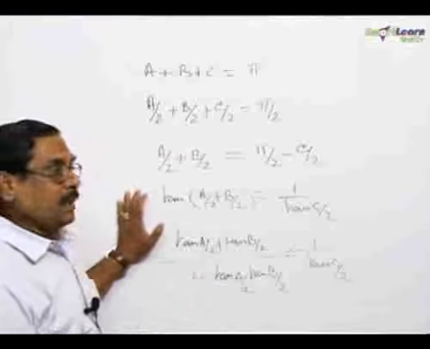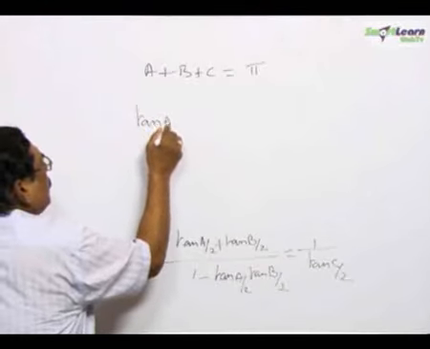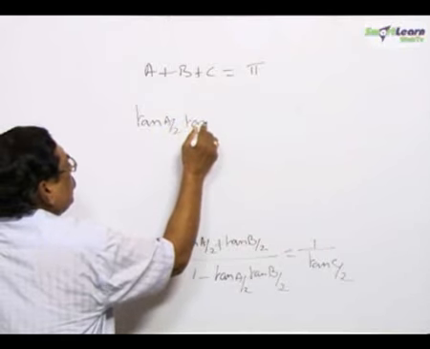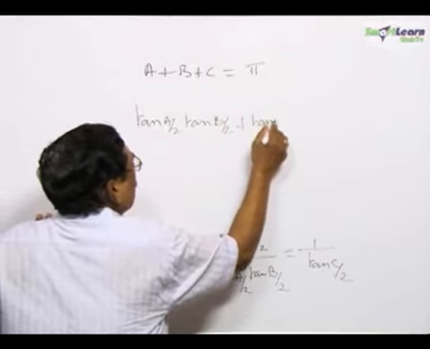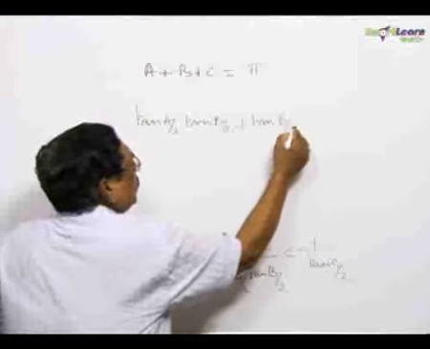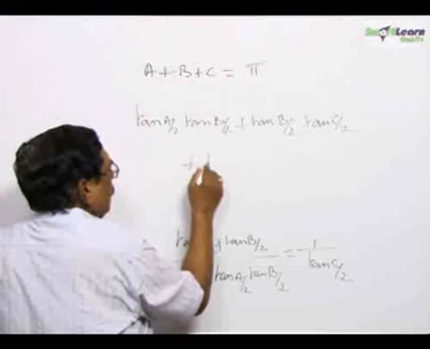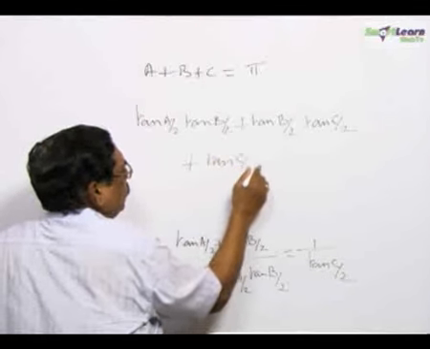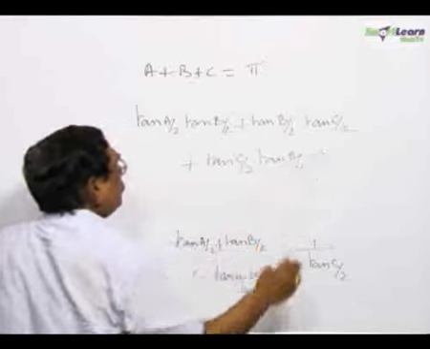As usual, I cross multiply and get the result as tan A by 2 into tan B by 2 plus tan B by 2 into tan C by 2 plus tan C by 2 into tan A by 2 is equal to 1.